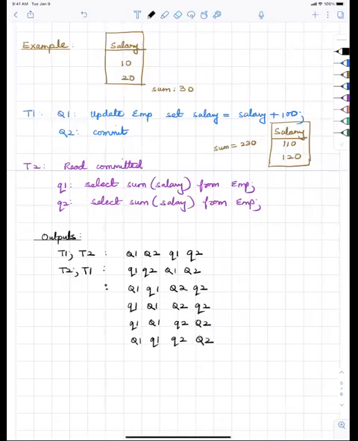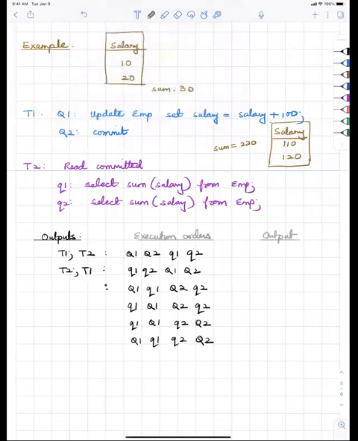Those are all the possibilities that you can have. These are the execution orders. So let's look at the output that you can have when it's read committed.